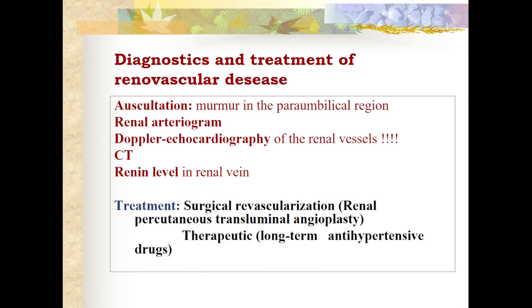Renovascular disease is associated with appearance of murmurs in the paraumbilical region during auscultation. And instrumental methods such as renal arteriogram and Doppler echocardiography of renal vessels help us to establish diagnosis of vascular reason of arterial hypertension.